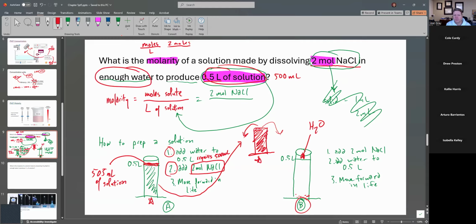We're adding enough water. This question never asked us how much water is needed. This is just saying, you need to add enough of your solvent, water, to get to 500 milliliters of solution. Can you give me a 1 if that makes sense or a 2 if that doesn't make sense?